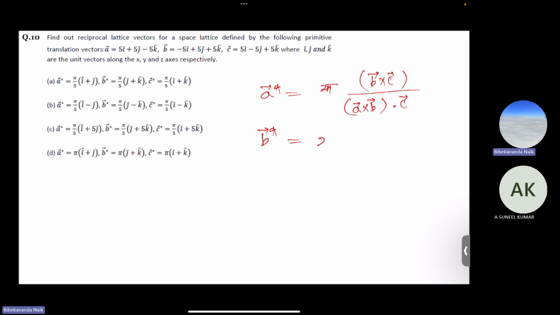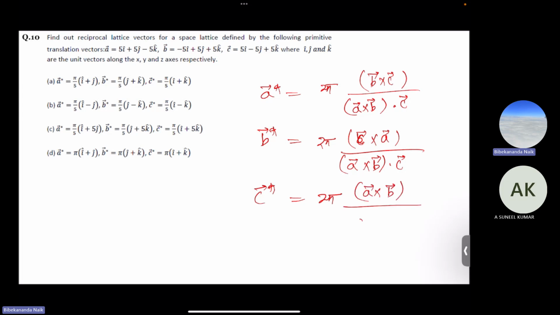B star vector is 2 pi C vector cross A vector divided by A vector dot B vector cross C vector. Then C star vector is 2 pi A vector cross B vector divided by A vector dot B vector cross C vector.